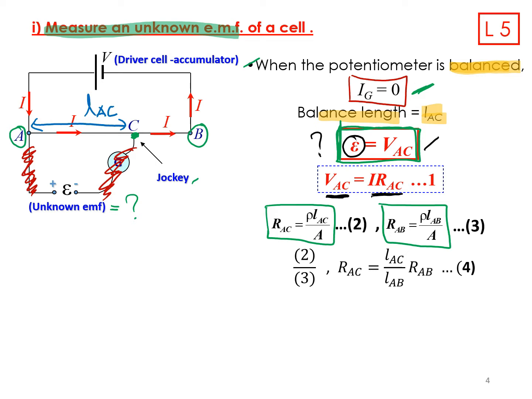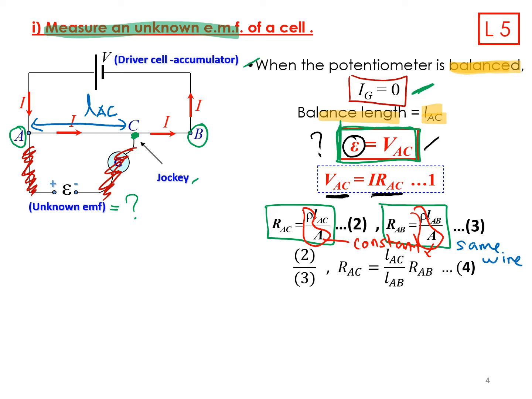So in the same wire, the resistivity rho and the surface area A are constant, the same because it is the same wire.